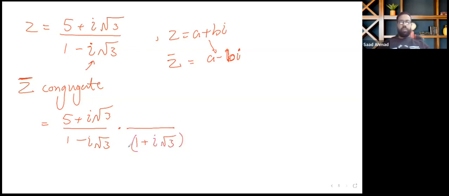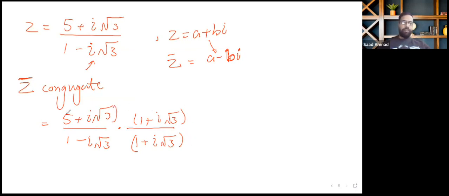But since we know the rule, we are not allowed to multiply anything by ourselves just one way. So to balance it, we also need to multiply on the numerator, because you see, we can still cancel them out. This one and this one cancel out and they are still 1. So we did not make any change in the question.